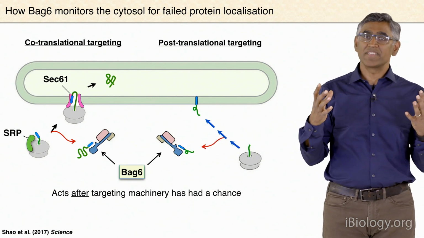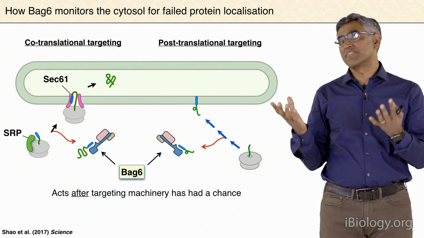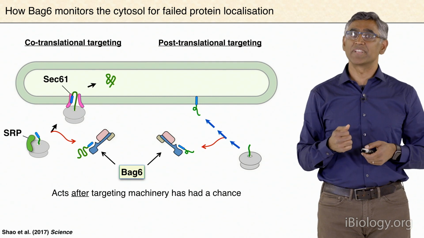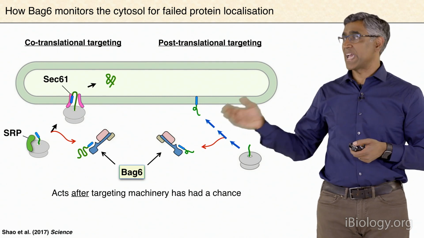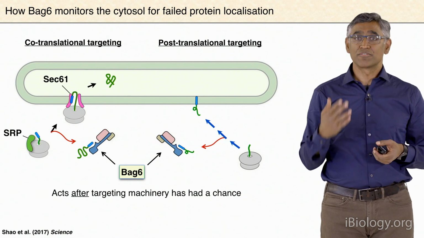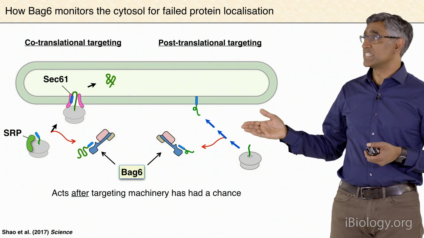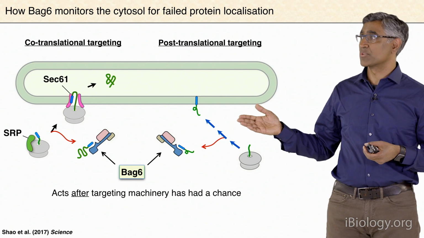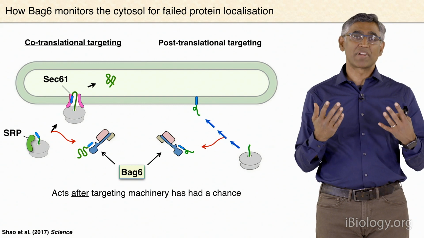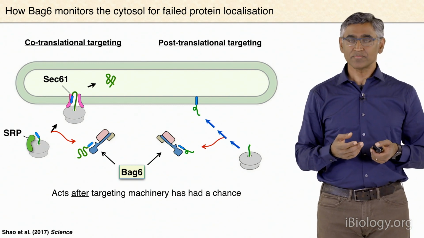And so in both cases, BAG6 seems to be a factor that waits until you get a chance to target properly to the right place, but is waiting to catch you if you fail, and therefore mark you for degradation. And so if you want to understand more details of exactly how this decision-making works in this more complicated post-translational pathway, you can read the reference that's cited here at the bottom.